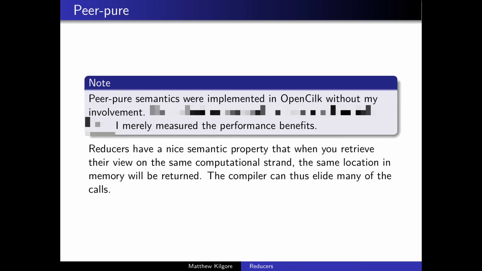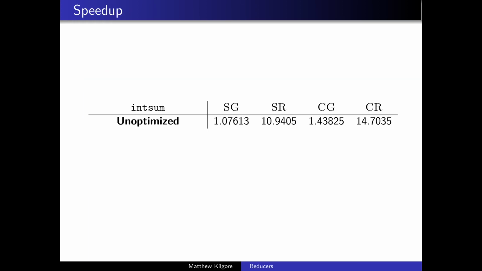And this optimization is based on the fact that when you retrieve a view of a reducer on the same computational strand, the same memory will be returned. It'll be the same pointer, so you can largely omit the call in the first place, and the compiler can usually figure that out.